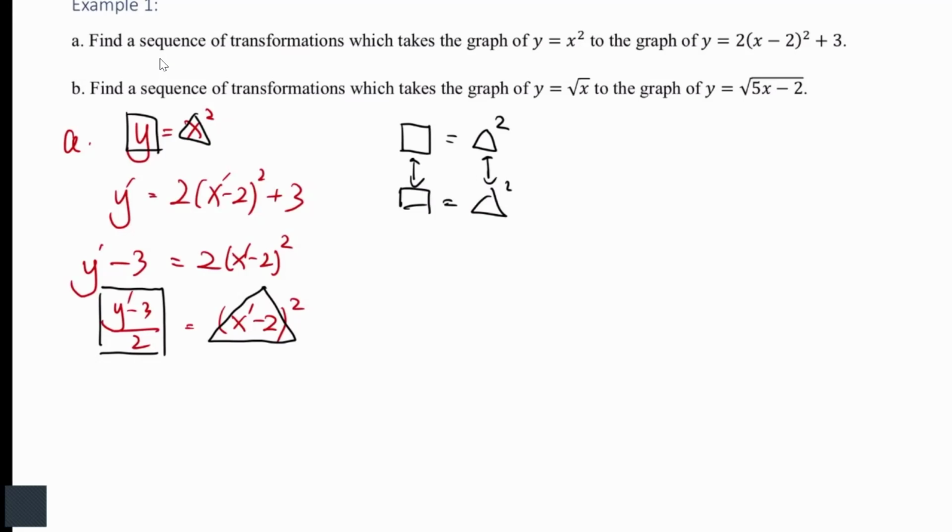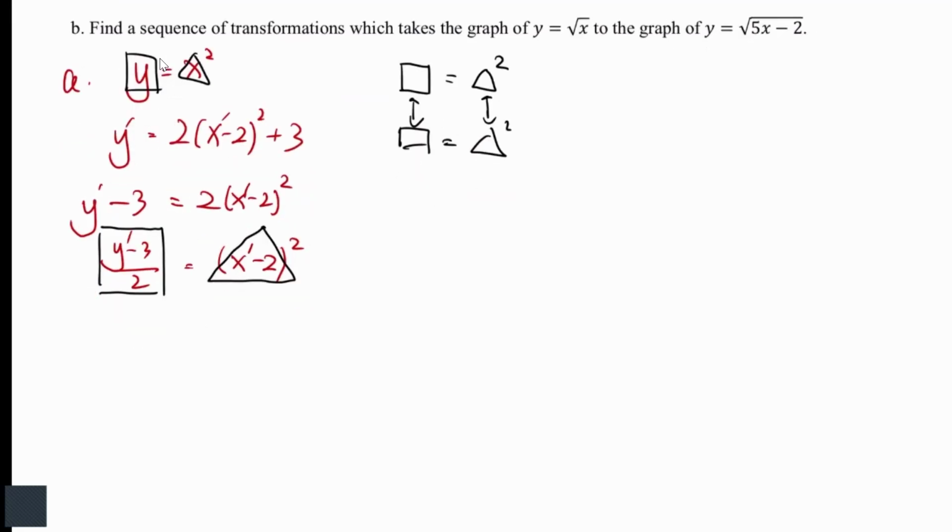Then we can match them. So we conclude that y equals (y dash minus 3) over 2, and x equals x dash minus 2. Does that make sense?